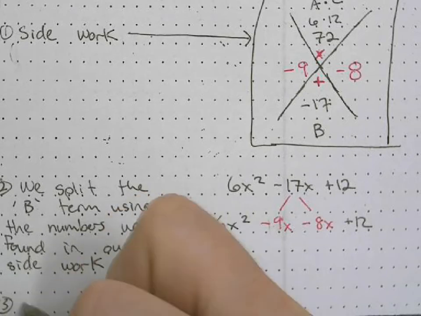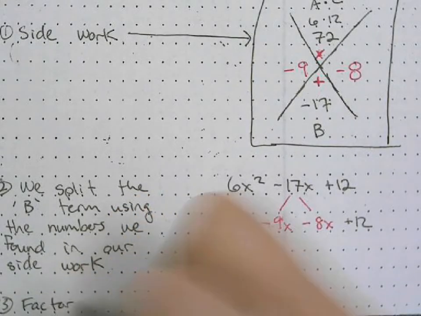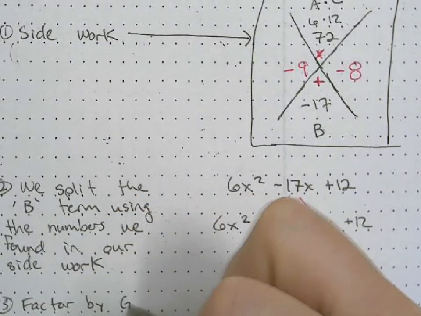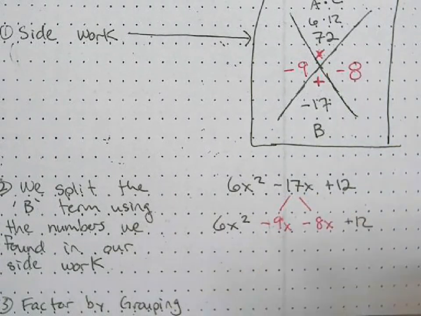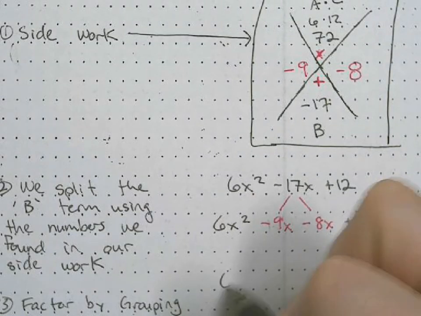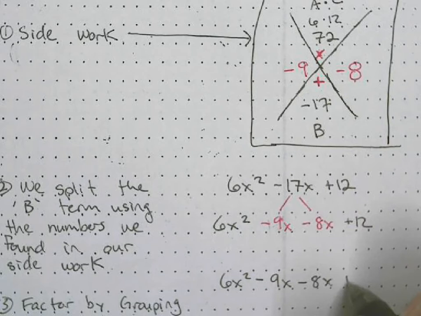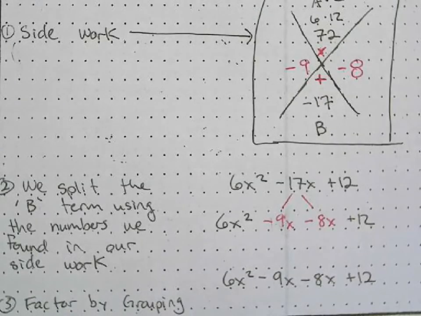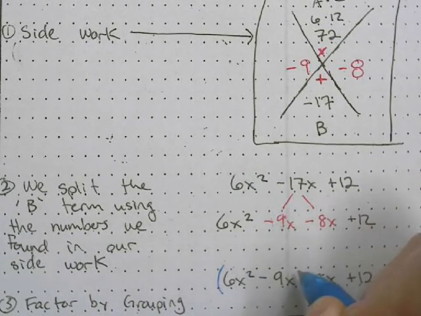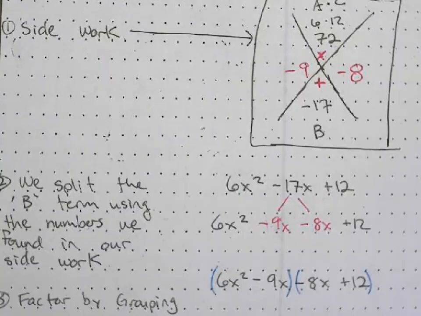And our final step is factor by grouping. So now I have my 4 terms. I'll group this group together, group that group together.